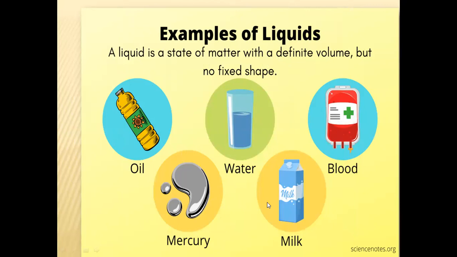They are all examples of liquids and they do not have a fixed shape. If you put them in any container, they take the shape of the container. If you put water in a bottle, it will take the shape of the bottle. If you put water in a box, it will take the shape of the box. So liquids do not have any fixed shape. They take the shape of the container.